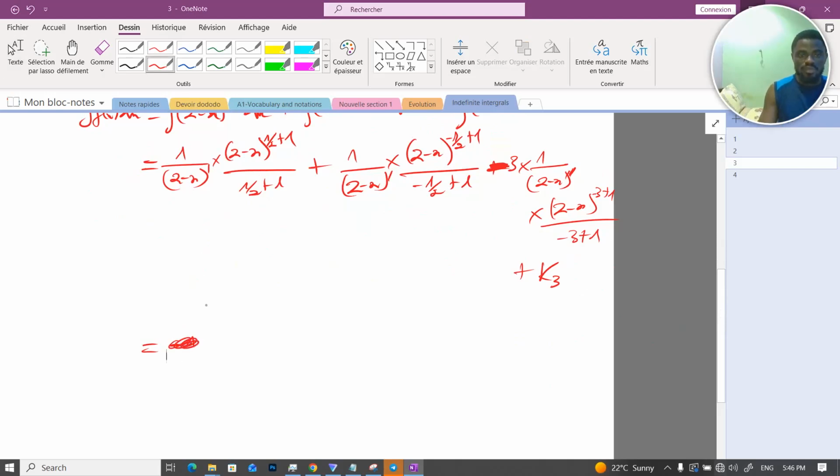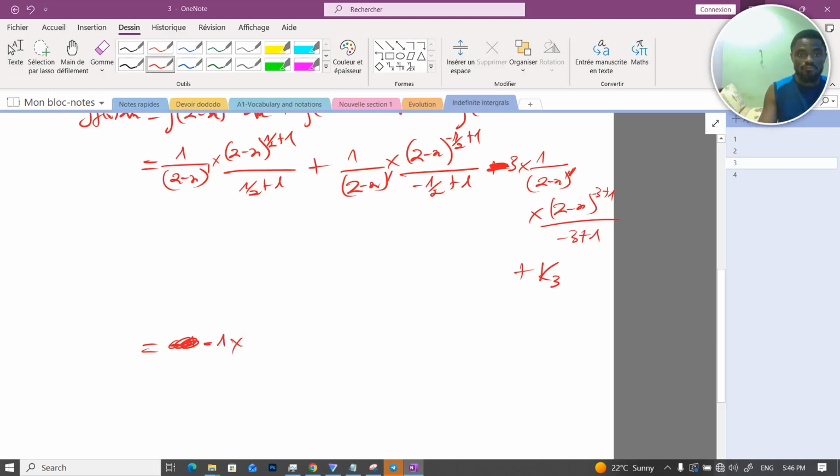Let me simplify things quickly. This half plus 1 will give 3 on 2. Since it is 1 on 3 on 2, we are going to have minus 2 on 3. Okay, let me go gradually. The derivative of this will give minus 1, so this will be minus 1 times, because this is 1 on minus 1, which is minus 1.